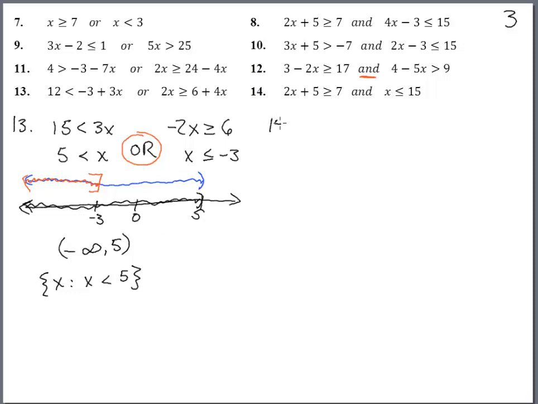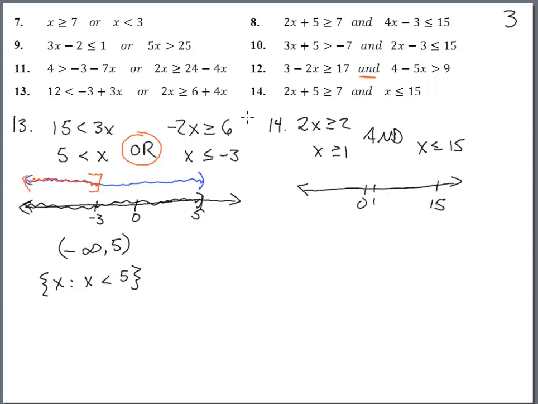And number 14. 2x, subtract 5 from both sides, is greater than or equal to 2. That's x is greater than or equal to 1. And x is less than or equal to 15. Oh, that's nice. They gave us the answer right there. So we have 0, 1, and 15. There's x greater than or equal to 1, and x less than or equal to 15.